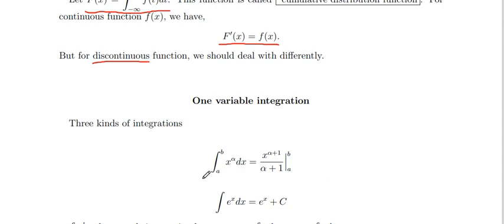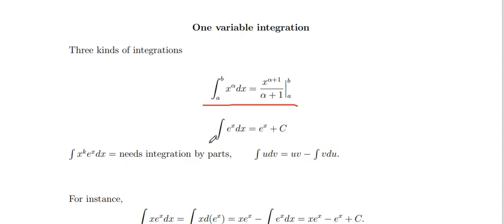For the polynomial function, we check each term, like the power function x^alpha, and for the exponential function, the integration of e^x just equals e^x. Then there is combining the exponential function with a polynomial function, like x^k multiplied by e^x. Those integrations need integration by parts.